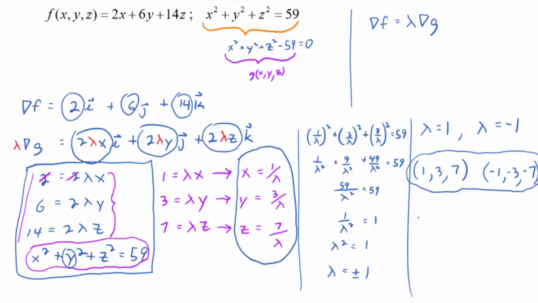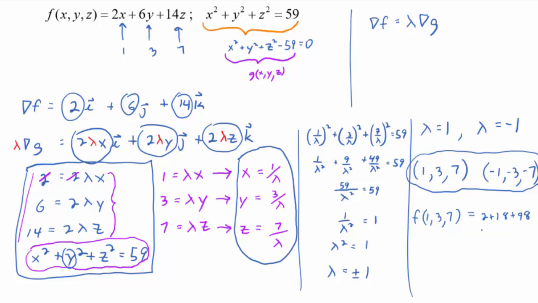So I'm not even going to bother making a table. I'm just going to say, hey, I bet f of (1, 3, 7) is your absolute maximum. Let's see what it is. You'd have to plug in 1 here into the original function, 3 here and 7 here. So you get 2 plus 18 plus, what's 14 times 7? Plus 98.